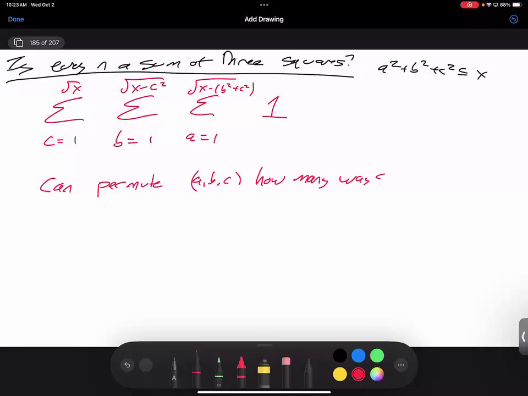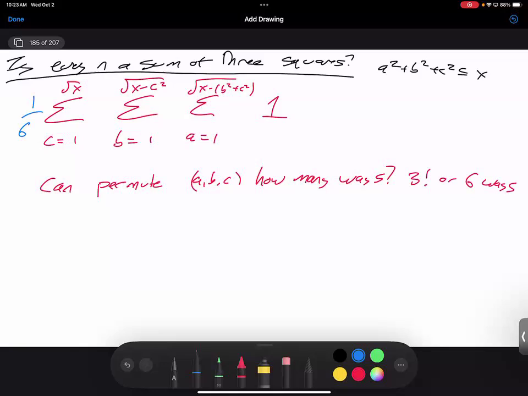So how many ways can we permute the triple a, b, c? 6. 3 factorial, or 6 ways. So what do you think we need to do over here? Divide by 6.